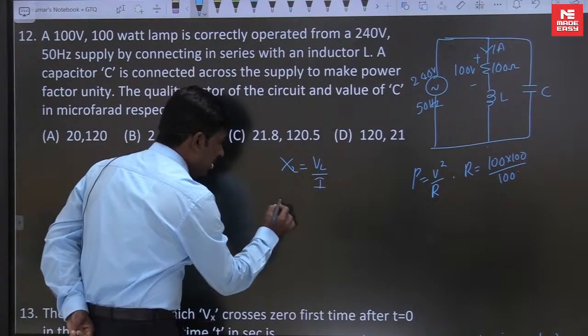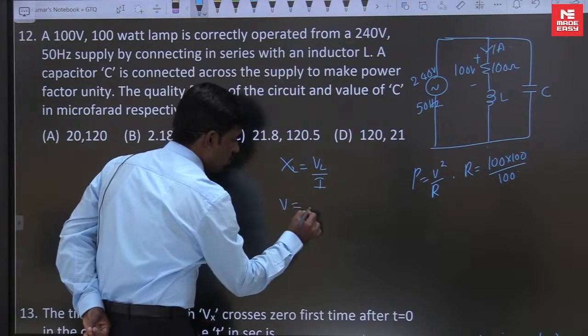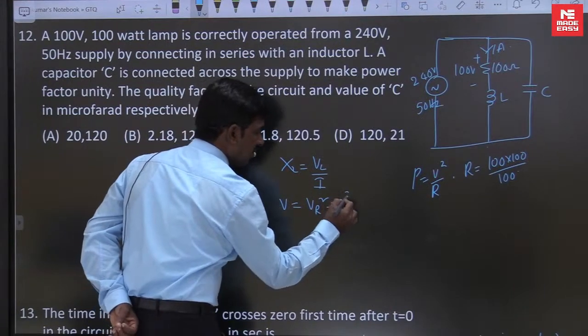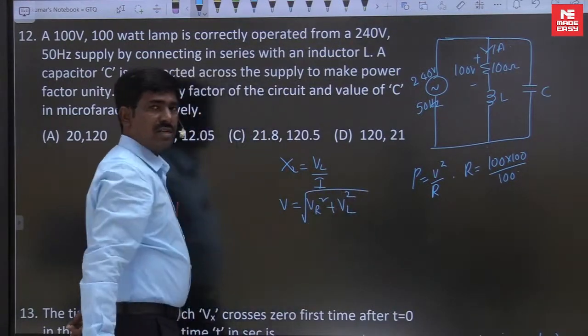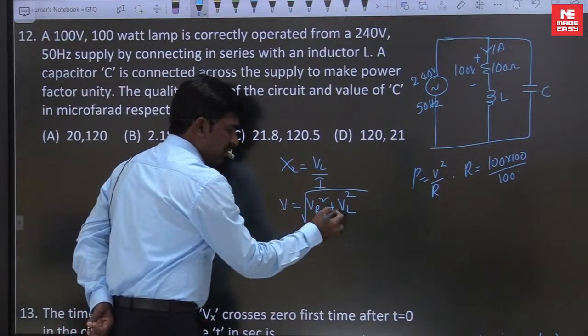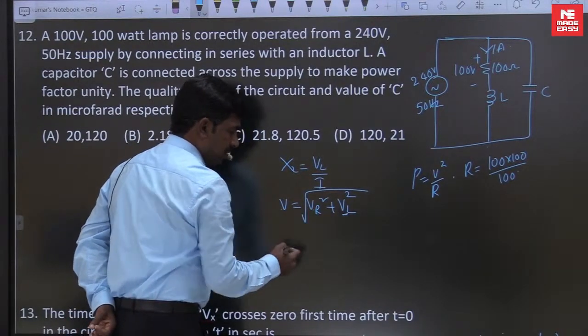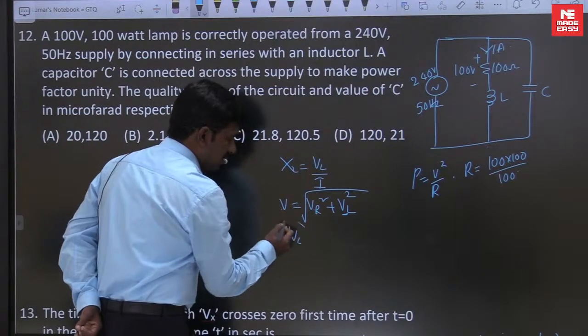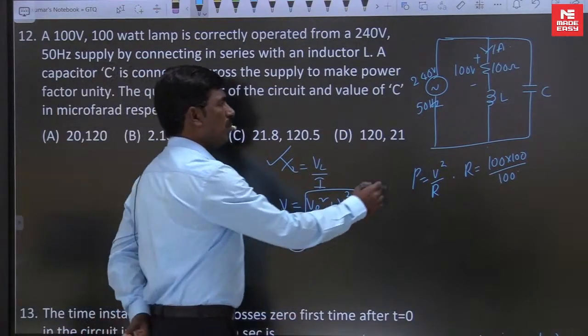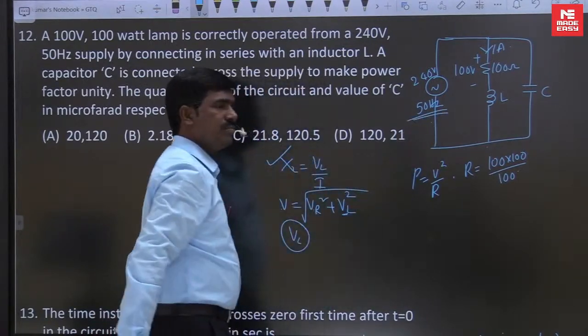So V square is equal to VR square plus VL square. Don't use VR plus VL, it is not scalar addition, always vector addition. V is known and VR is known, so find out the VL value. From this you get the XL value. Once you get the XL value, using 2 pi f L, get the L value.